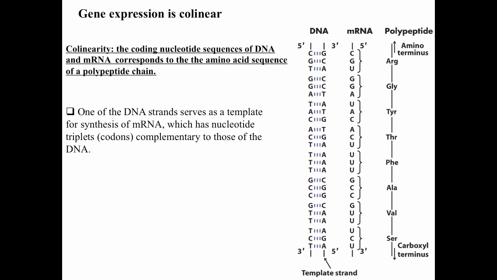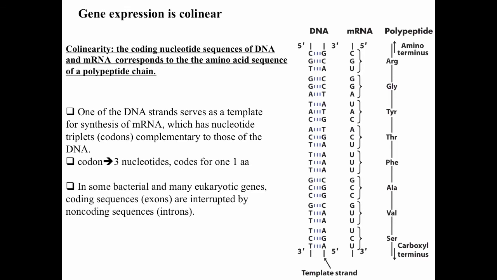And then the mRNA strand has these nucleotide triplets, these codons, repeating units of three, which are going to be complementary to the DNA. And those codons are going to essentially code for an amino acid. So three nucleotides code for one amino acid.